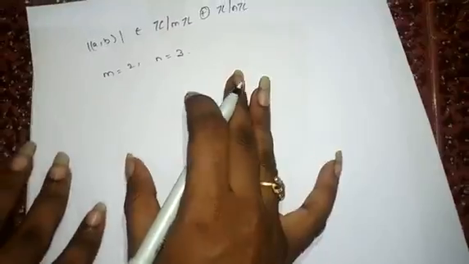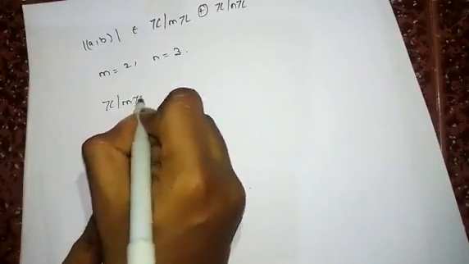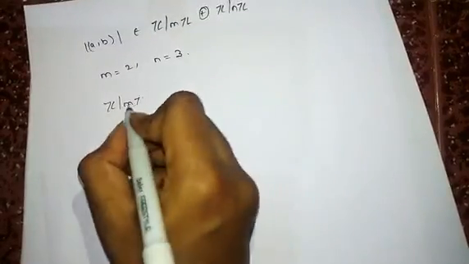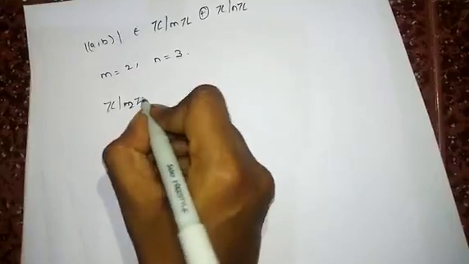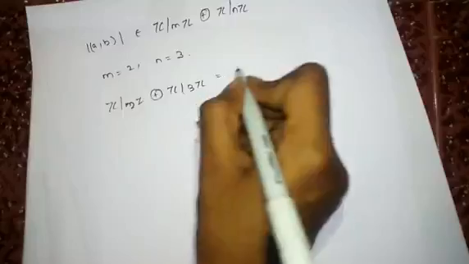I have already discussed in my past lecture what the elements in Z modulo mZ direct sum Z modulo nZ are, and I have provided the link in the description box. You can refer to it.